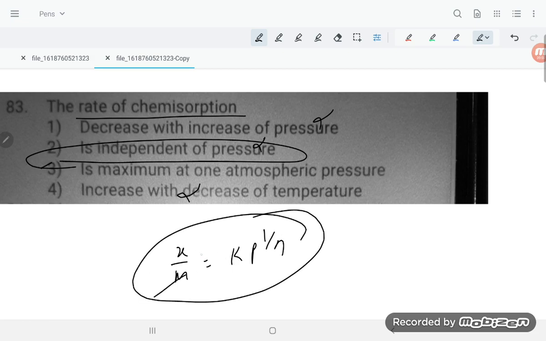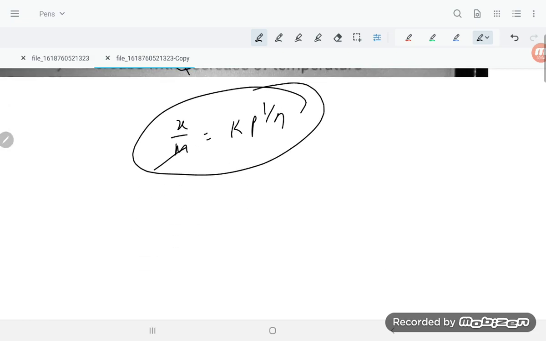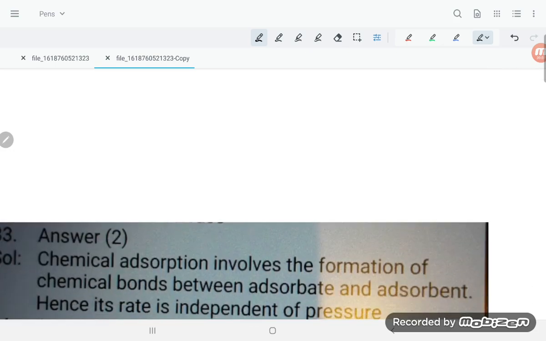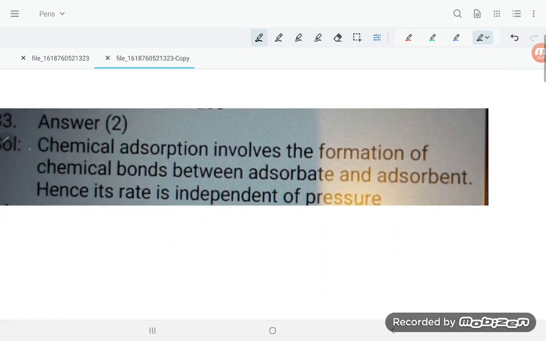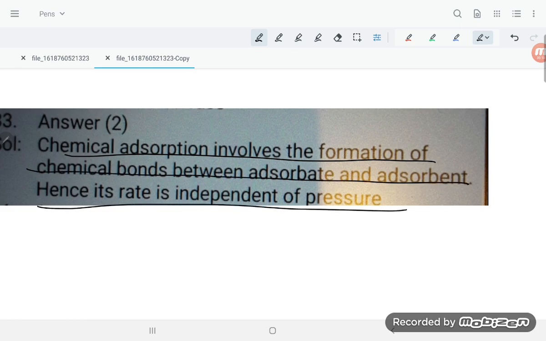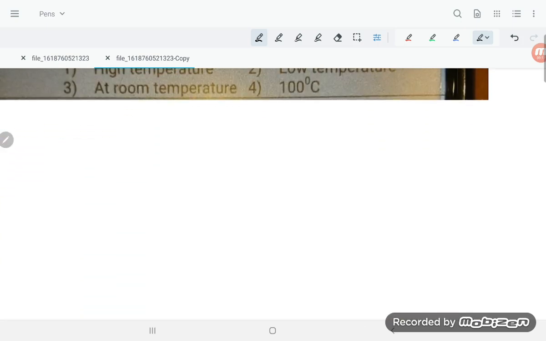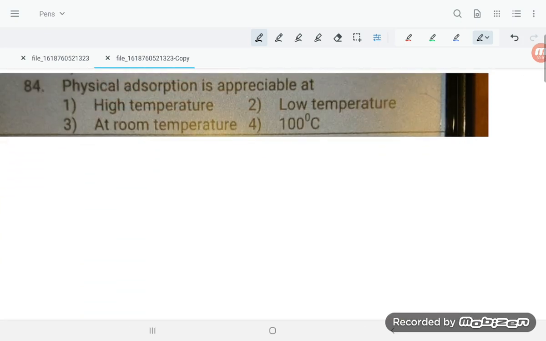Extent of adsorption is depending, but rate is not depending. Rate is depending on the temperature. Physical adsorption is appreciable at low temperature. Option number 2.